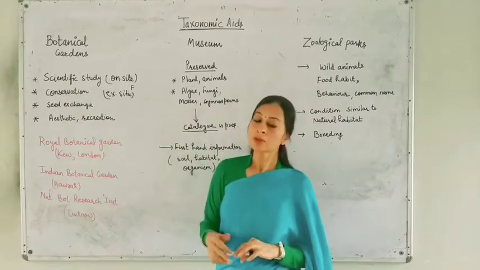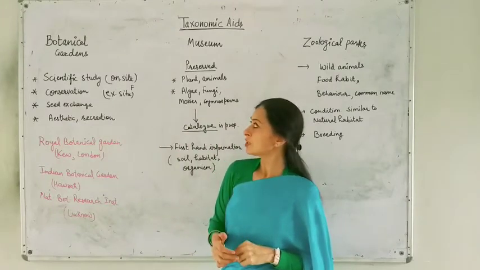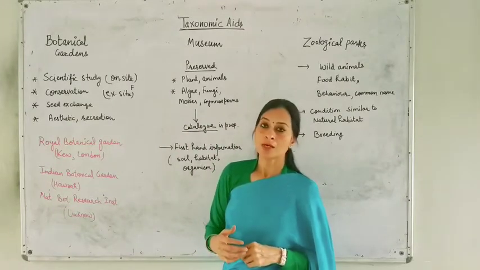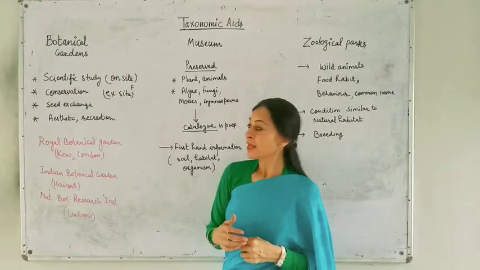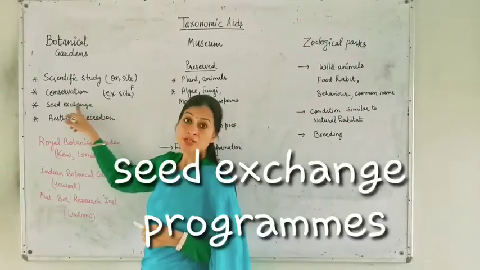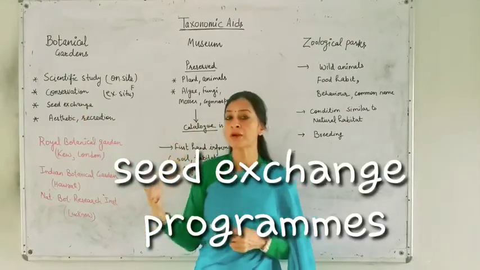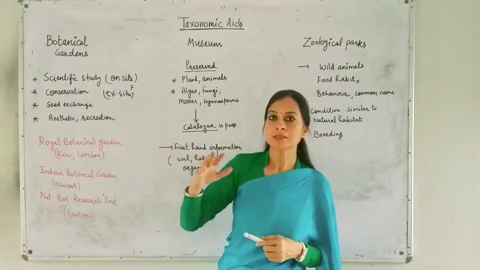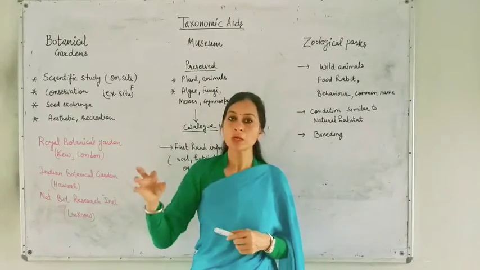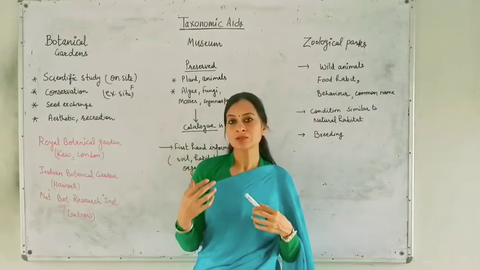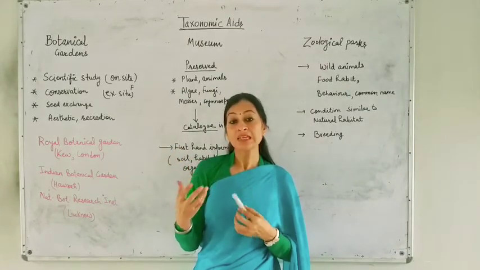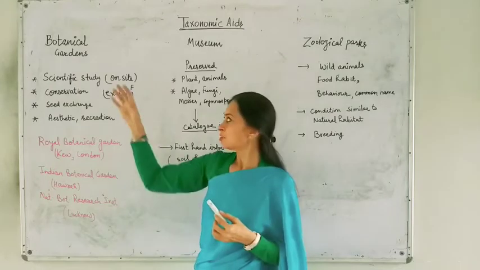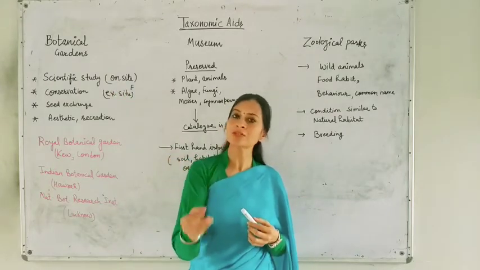You can also find the benefit of these botanical gardens in various seed exchange programs, because there are a number of plant varieties growing in different botanical gardens all over the world. If we want to collect seeds and grow the plant in our area, these botanical gardens give us the chance.